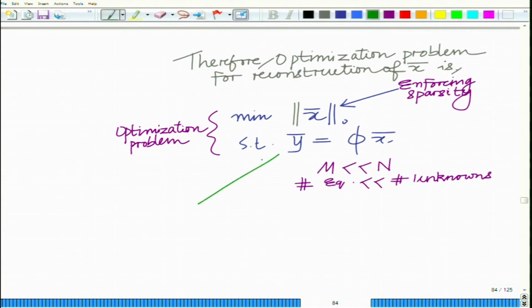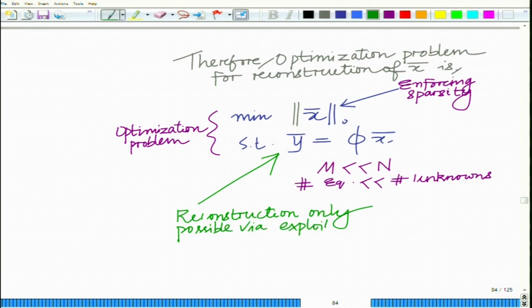Reconstruction is only possible via exploiting sparsity.